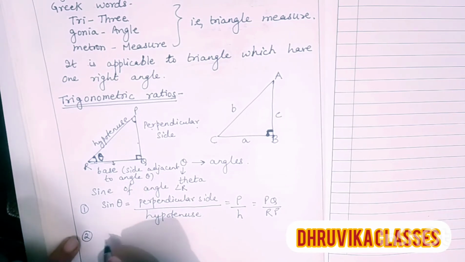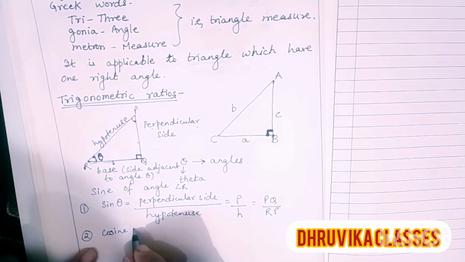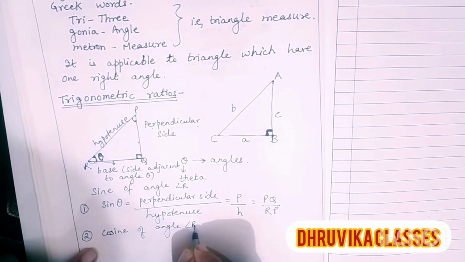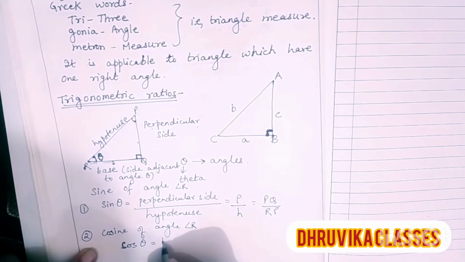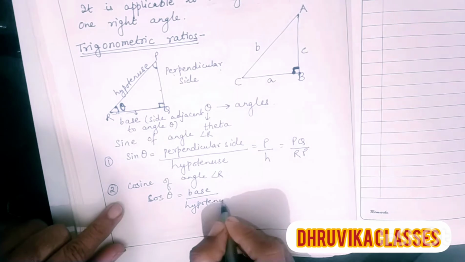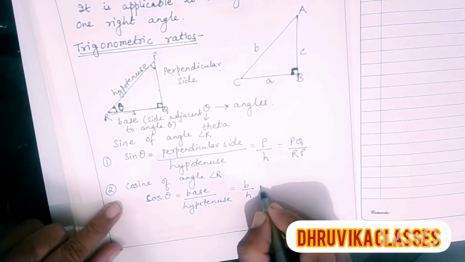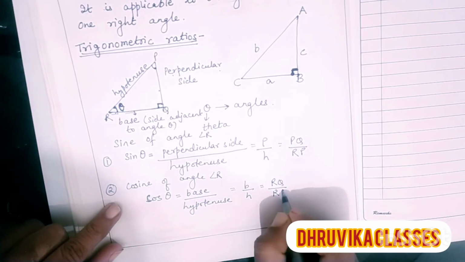The second trigonometric ratio is cosine, C-O-S-I-N-E. Cosine of angle R, we write as cos theta. That is equal to base by hypotenuse, that is B by H, or we can write as RQ by RP.